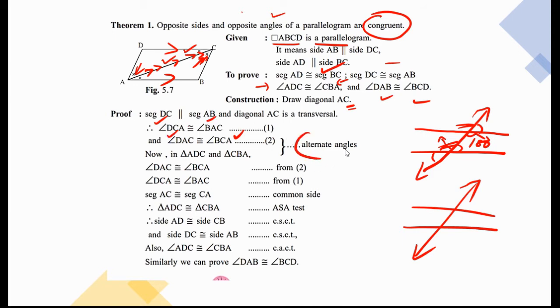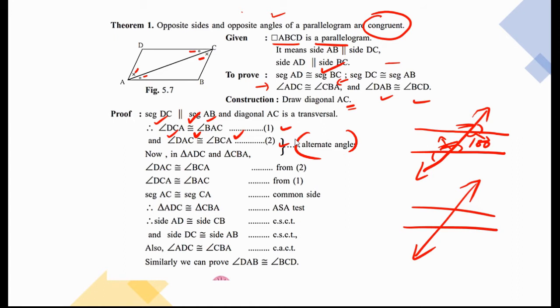These are alternate angles and they are congruent. ये अपना पुराना knowledge से हमने बता दिया. In the case of a parallel line and transversal, alternate angles are congruent. One is marked 0 0 in the textbook, and here x x is marked. They are congruent. That is what is written here.